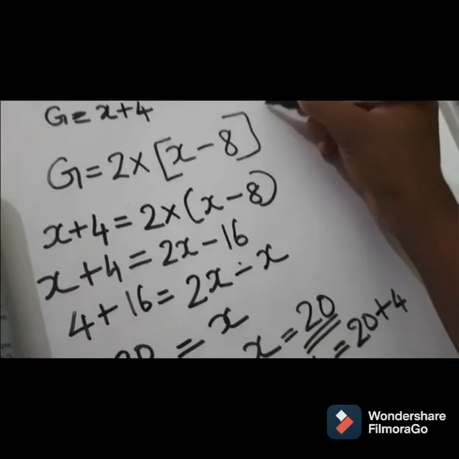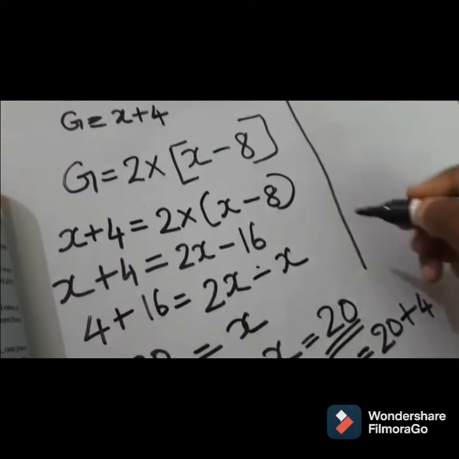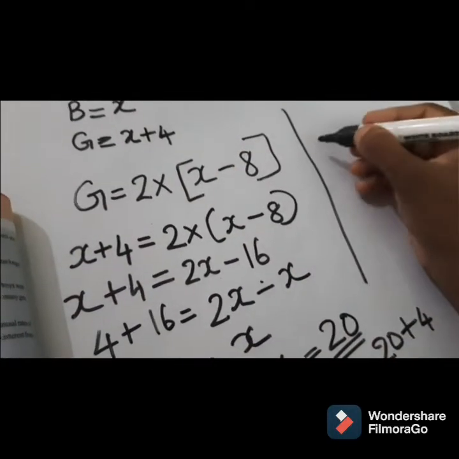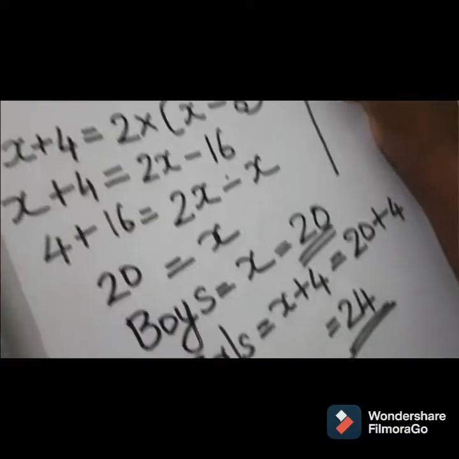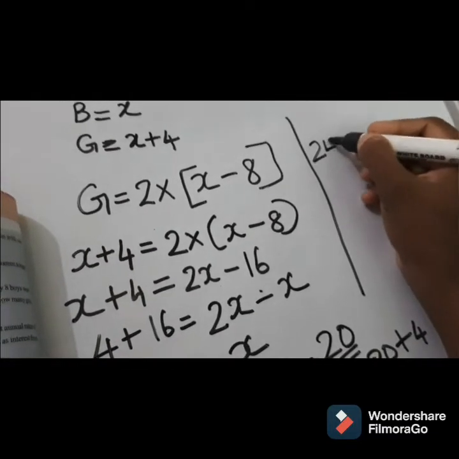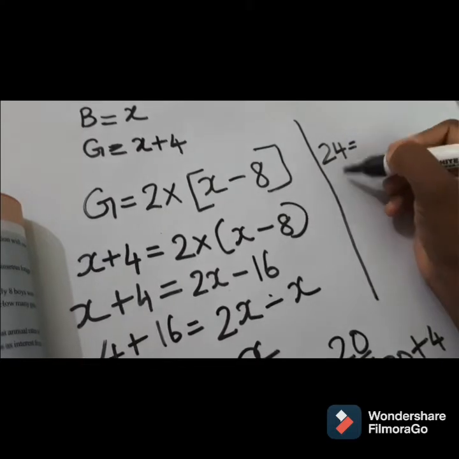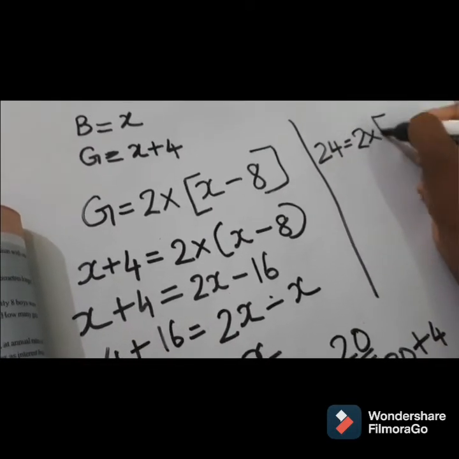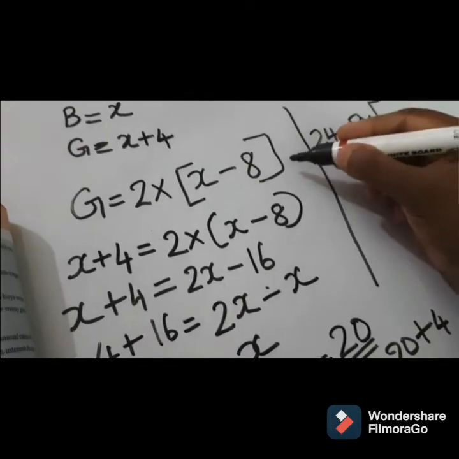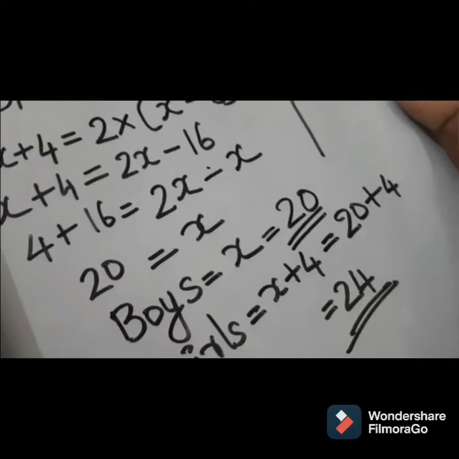We can check what happened on that day. What is the girls number? 24. Then in the question they are telling 2 times. How many boys are absent? 8 boys.